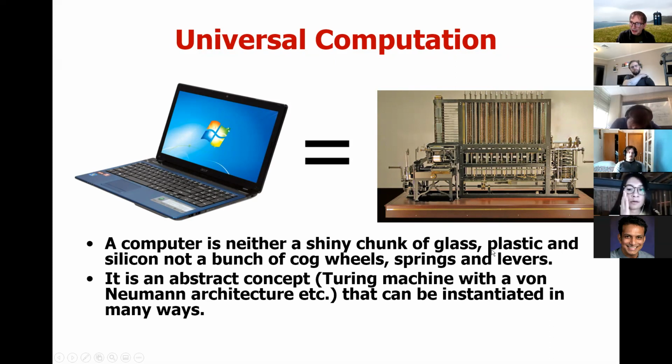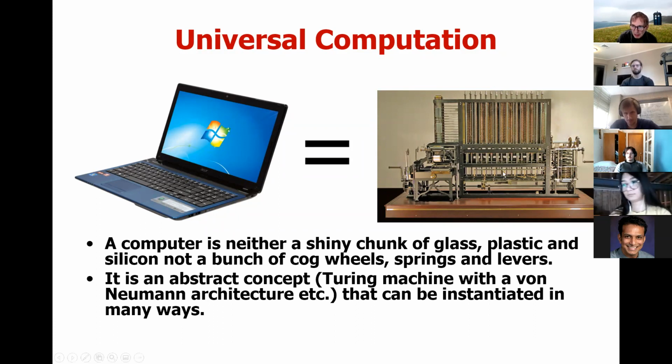It's an abstract concept. What makes these two things the same is that any computation that you want can be performed by them. To perform complicated calculations, you can easily do them on a modern-day laptop. To do them on a machine like this would have required a huge device that would fill the Albert Hall or something like this, and would take millions of times longer, but it would still be able to do that.